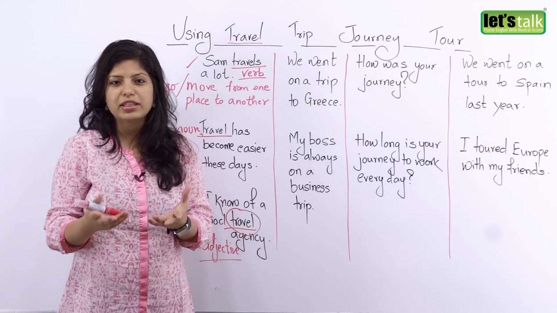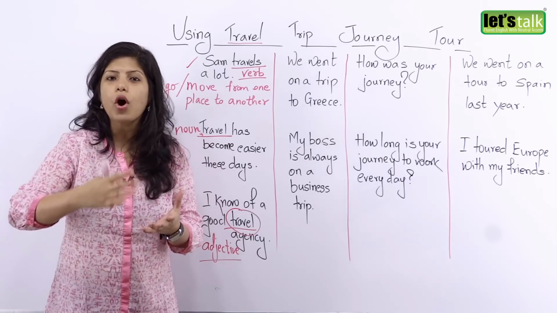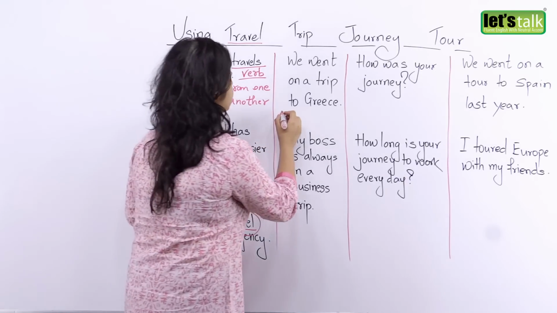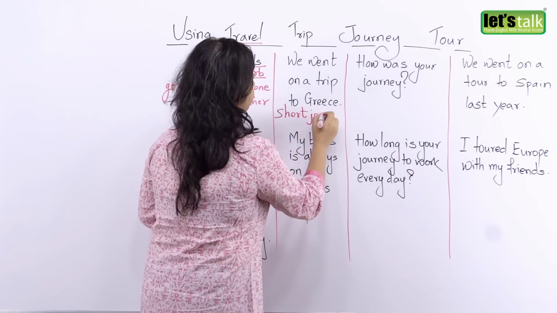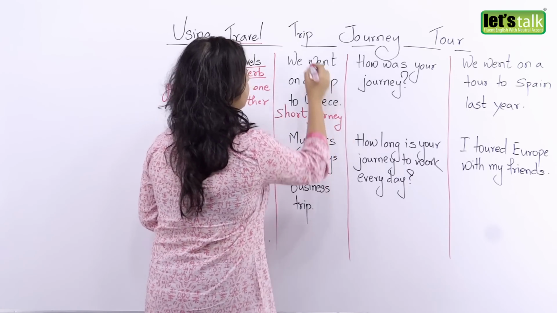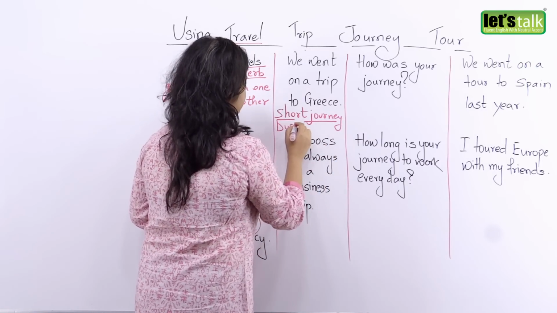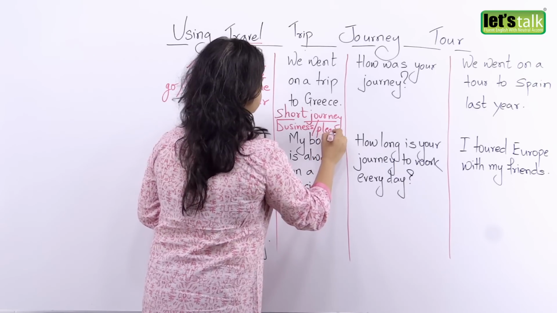Like I mentioned initially, if you're a traveler, you like exploring places, so you go on trips, short trips. So basically it's a short journey. All right, that's what a trip is, a short journey either for business or for pleasure.